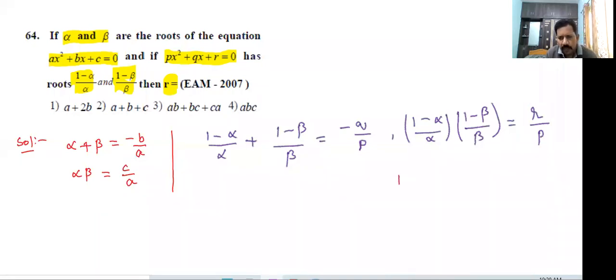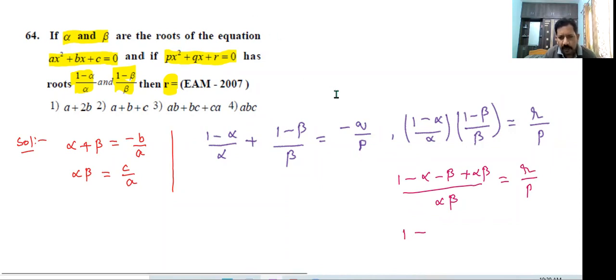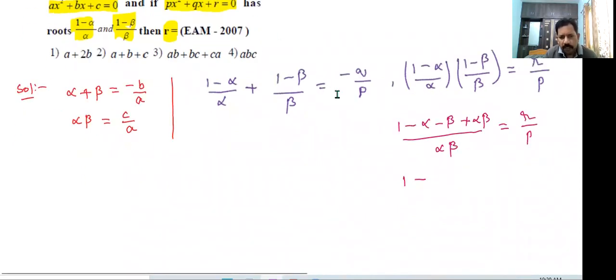Here, 1 minus alpha minus beta plus alpha beta, divided by alpha beta, that is equal to r divided by p. In the numerator, 1 minus alpha minus beta, take minus common, remaining alpha plus beta. Alpha plus beta is minus b by a.